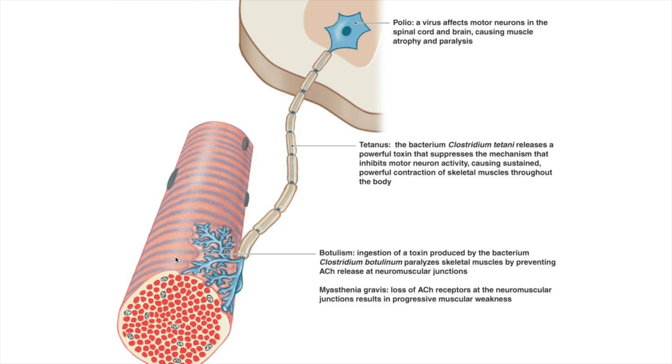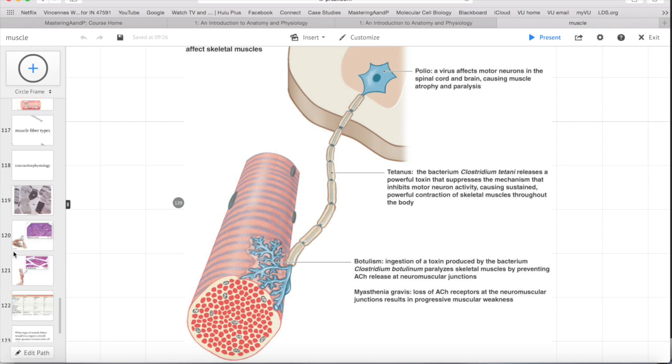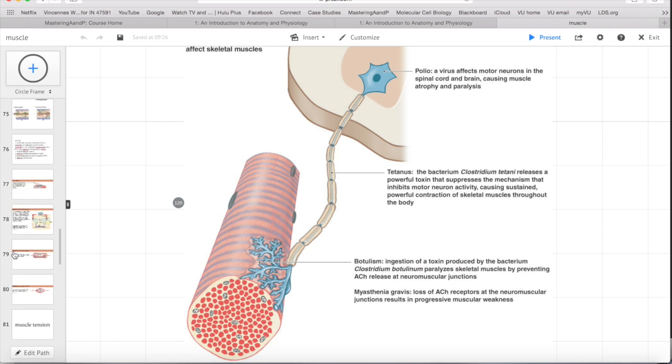And then one last disorder is rigor mortis. This is muscle stiffness due to the lack of ATP. And when you die, you run out of ATP, and so the cross bridges can't detach. They're stuck in the contraction cycle.